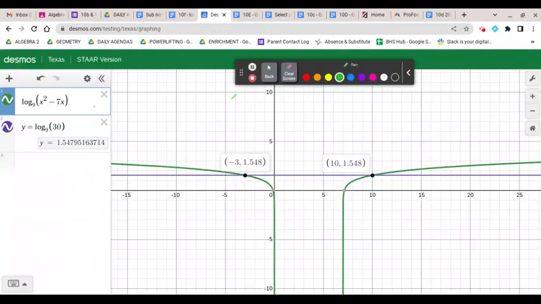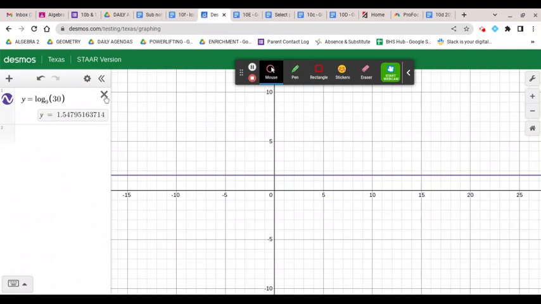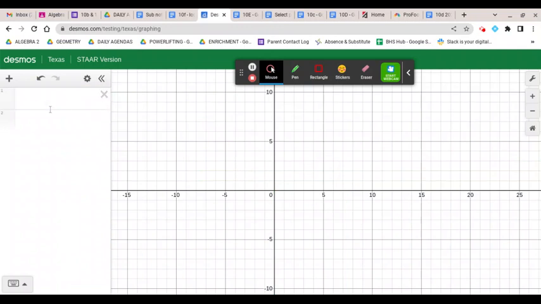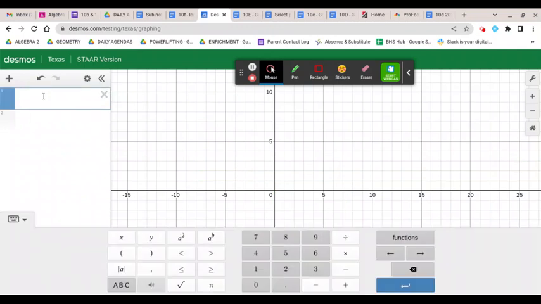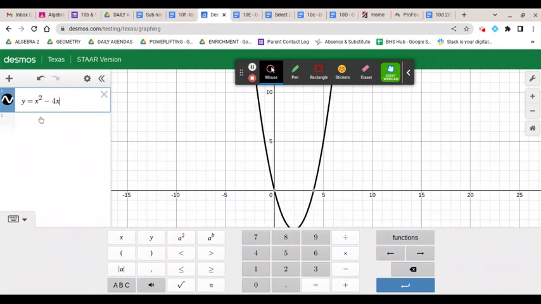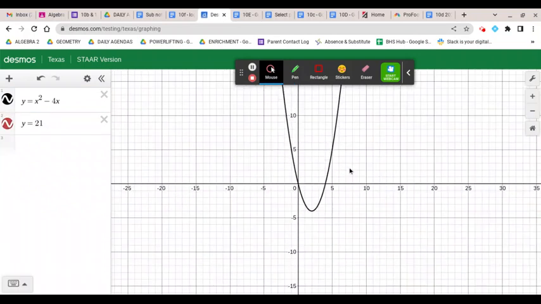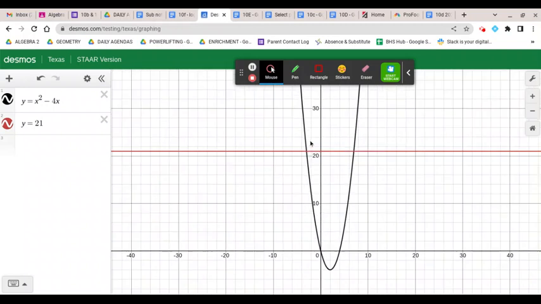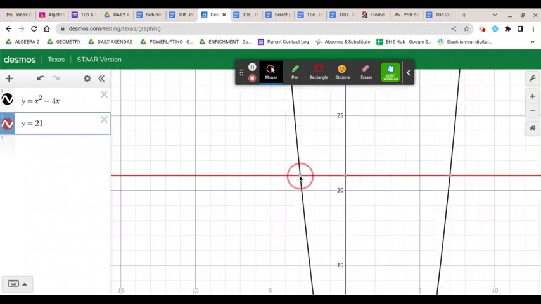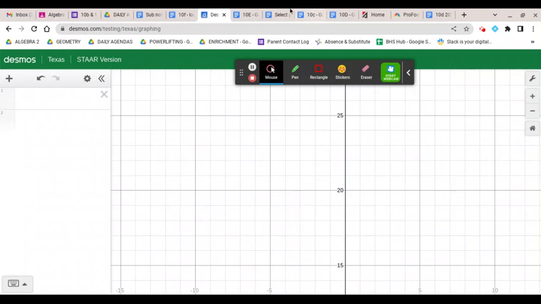I'm just going to go in here and graph. So here we have y equals x squared minus 4x. Here we have y equals 21. All right, so we have two answers, -3 and 7. So -3 and 7.